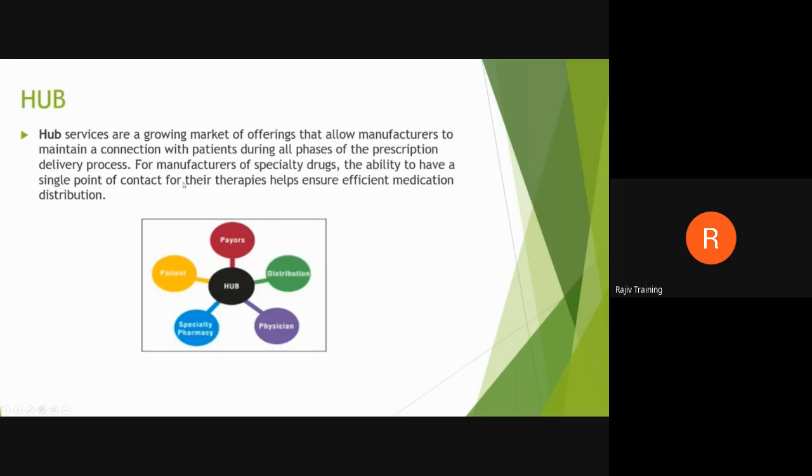For manufacturers of specialty drugs, the ability to have a single point of contact for the therapies helps ensure efficient medication distribution, right? So it's a service that allows a manufacturer to have a single point of contact with patients who utilize the therapies, right?